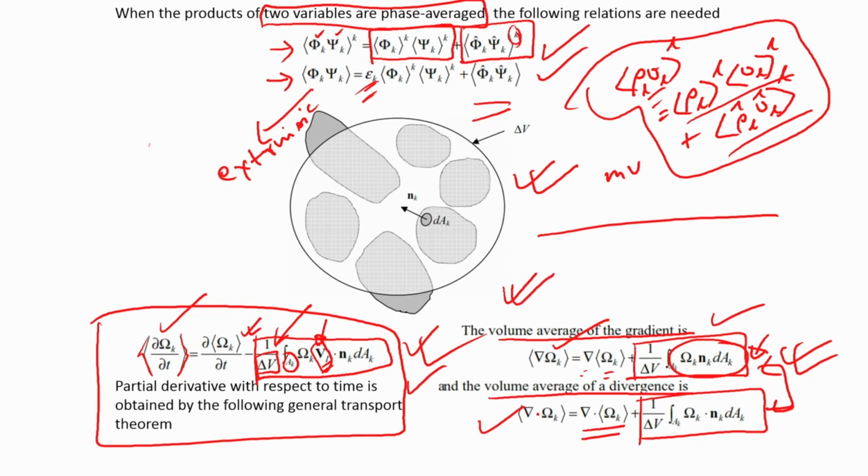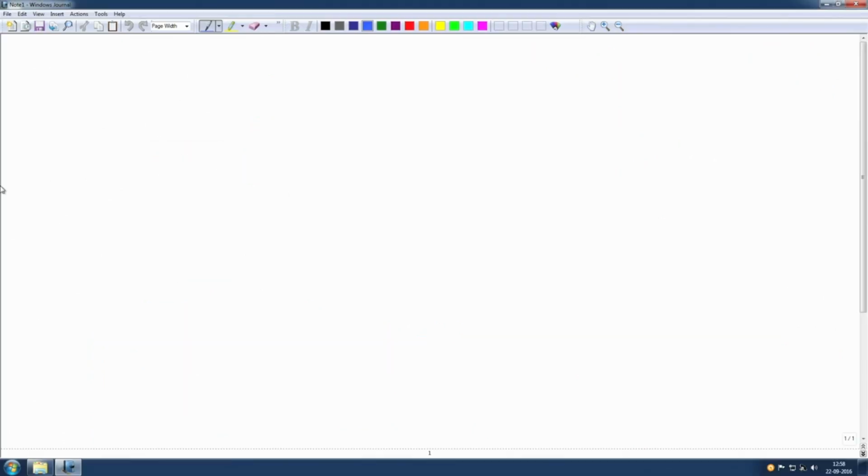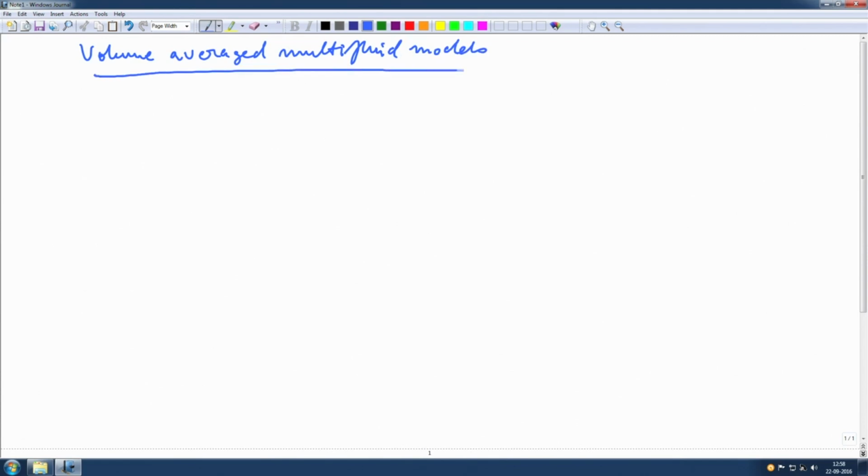So, let us go to the Windows journal and show volume averaged multifluid models. This is the important thing that we are going to do over here, with all the experience that we had gathered.